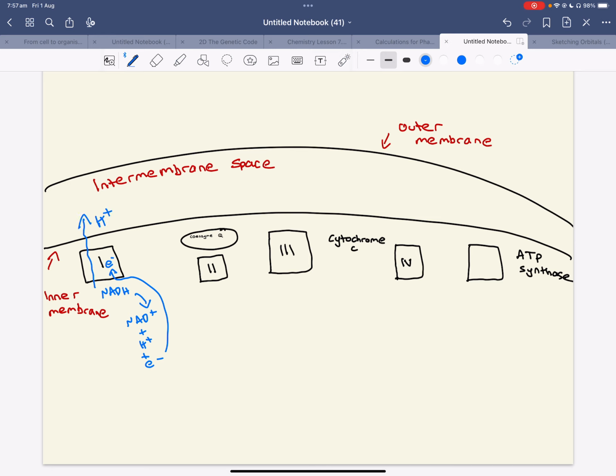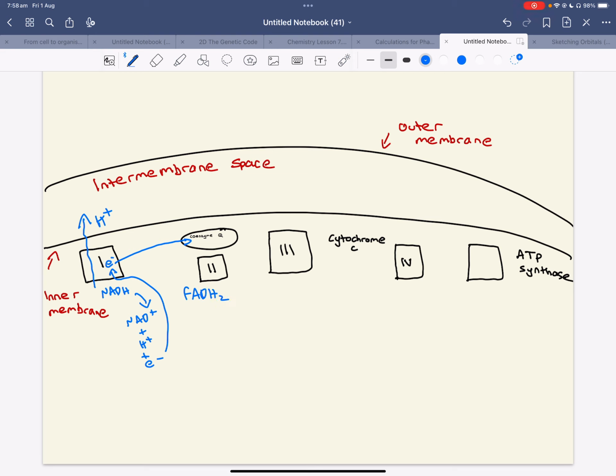So we just pumped, using electrons from the NADH, H plus into the intermembrane space. Okay? And now this electron is passed on to coenzyme Q. Okay? Good so far?